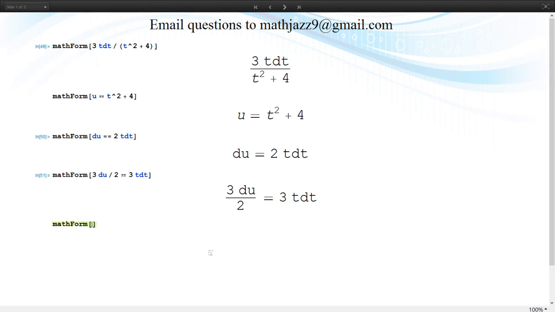So we substitute, and we get 3 du over 2 u, and that's it. The denominator was u, and the top was 3 halves du. So we get this.